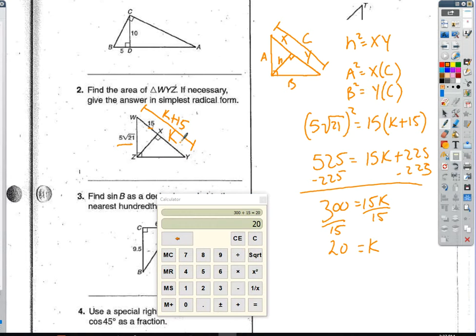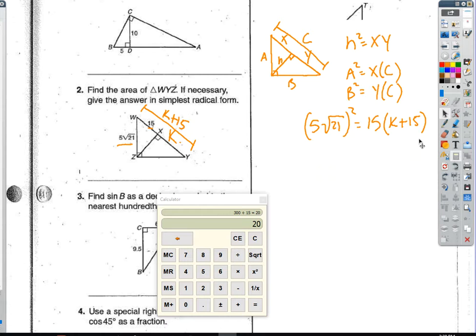I'm going to update my drawings. We know that k, or this side length, is 20, which makes this whole thing 35.